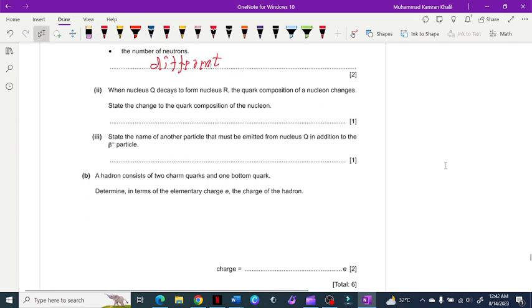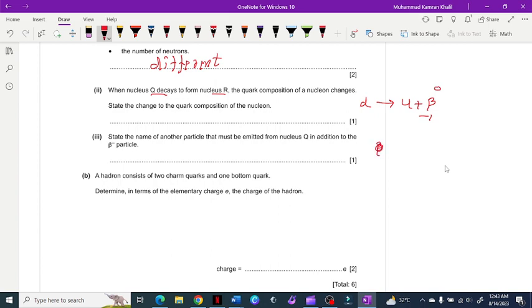Now, nucleus Q decays to form nucleus R, emitting a beta negative particle. So when a beta negative particle is emitted, what will happen? A down quark will convert into an up quark with the emission of the beta negative particle, or we can write down the equation.